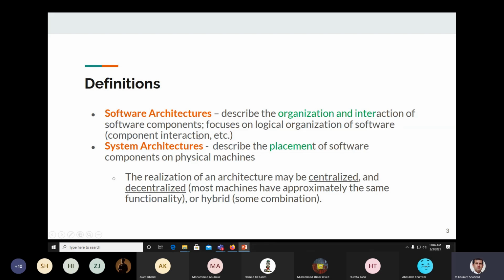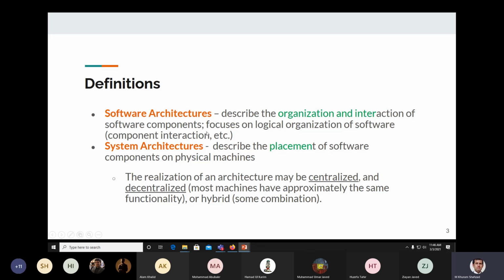In software architecture, they actually describe the organization of interaction of software components. So this is all about interaction. But system architectures deal with the placement of software components. This is related to the software applications, and this is related to the actual devices where we want to place these software components. Software architecture focuses on the logical organization of software components and their interaction.